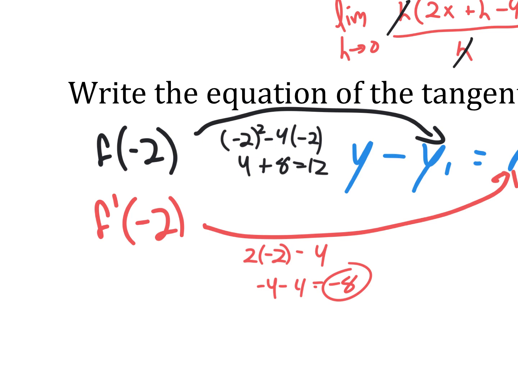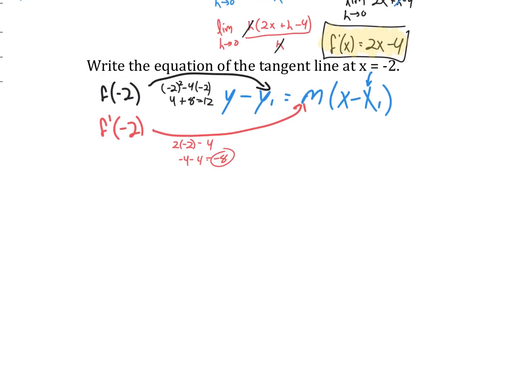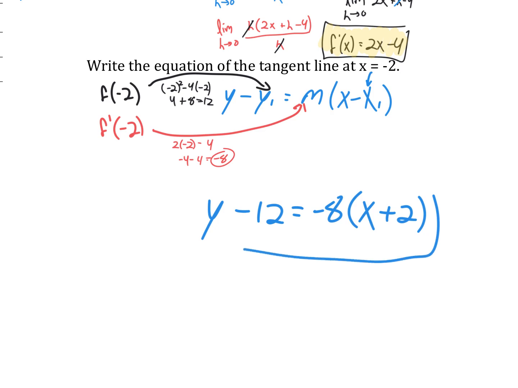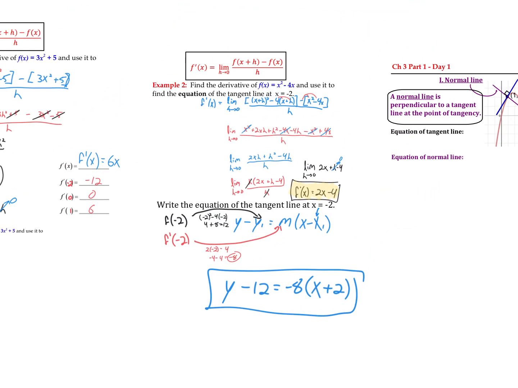I would have the following: y minus 12 equals -8 times x minus -2. There we have it. There's the equation of a tangent line of that parabola at that point.